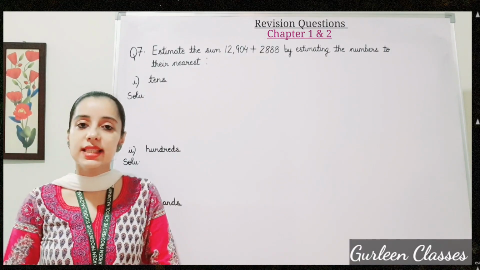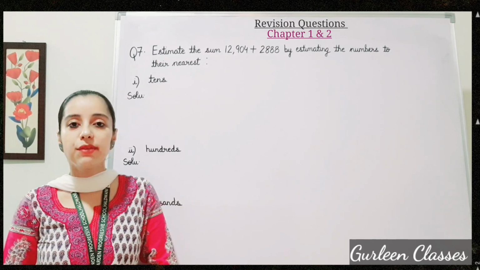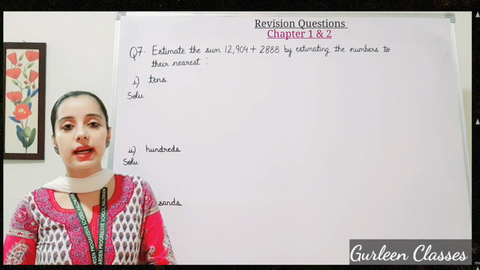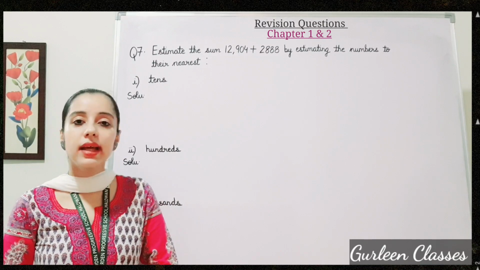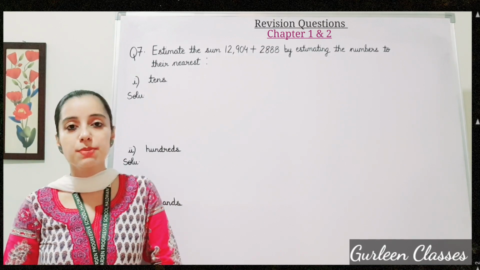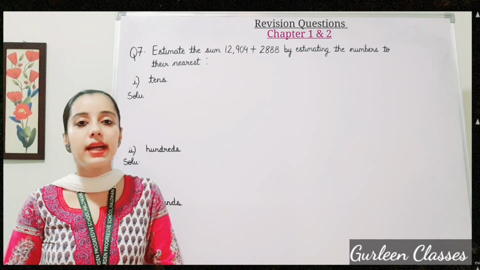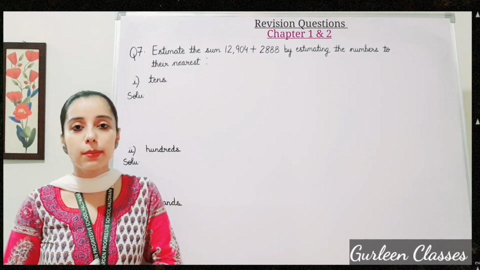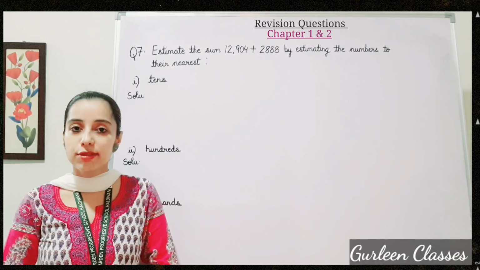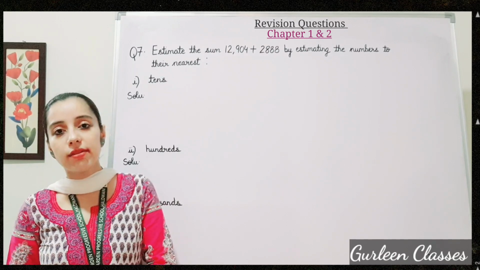Question number 7. Estimate the sum 12,904 plus 2,888 by estimating the numbers to the nearest. First part, tens. Whenever we have to find out estimation by tens, we always see the number at ones place. If the number is greater than 5, what we do?